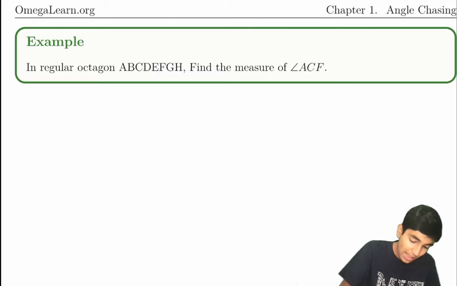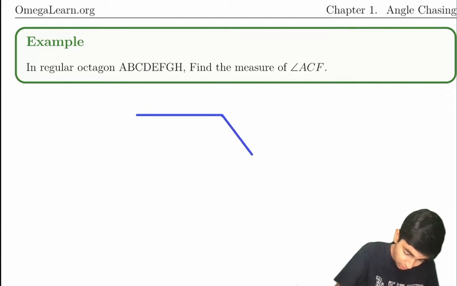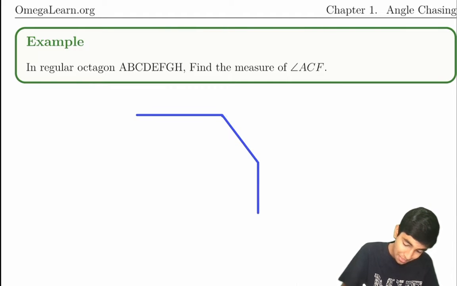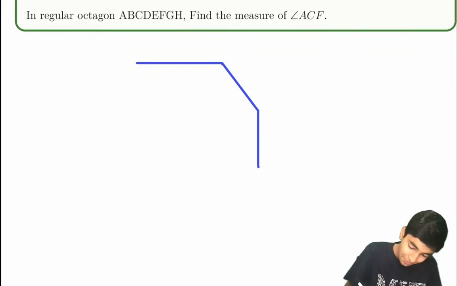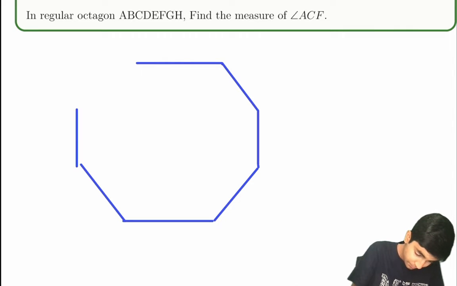Okay, we've got a regular octagon. Let's do blue for this problem. Let's draw a nice octagon, and I'm better at math than I am at drawing, so forgive me if this drawing is not that good. So we've got a nice little octagon here.